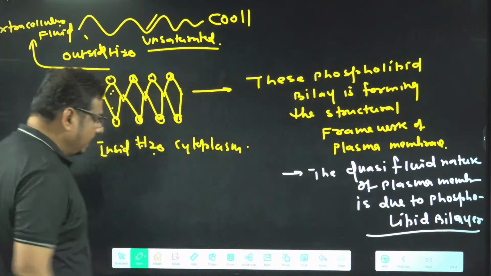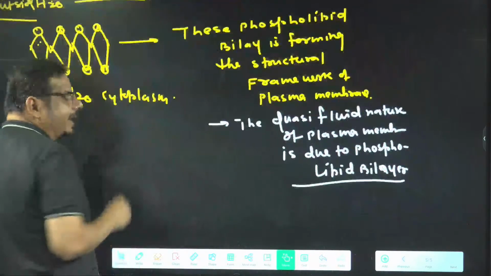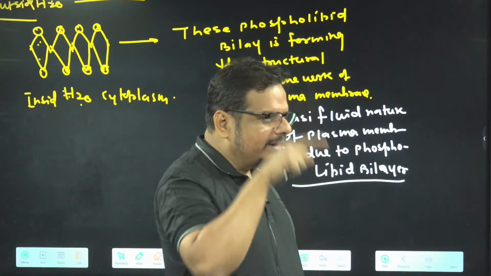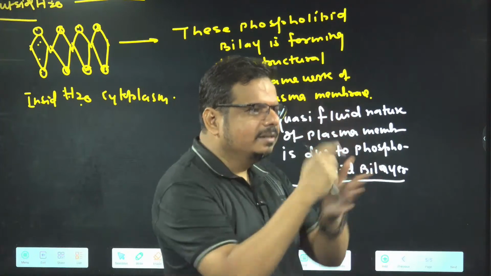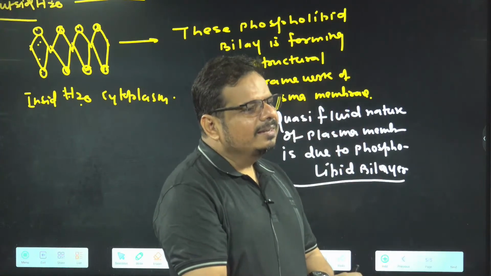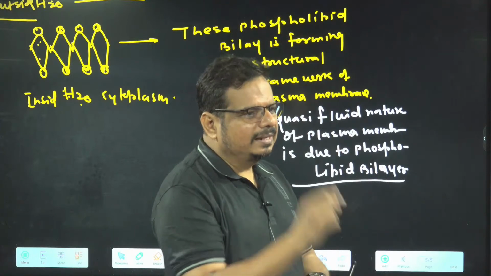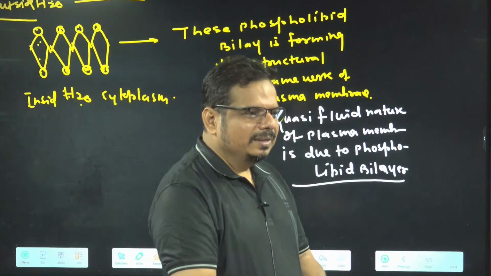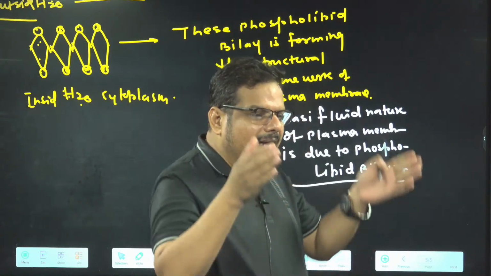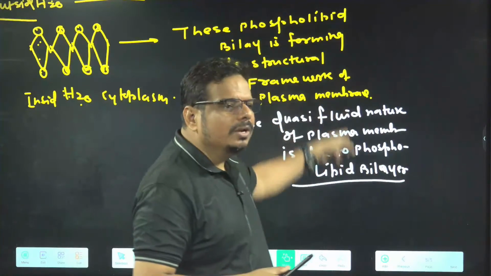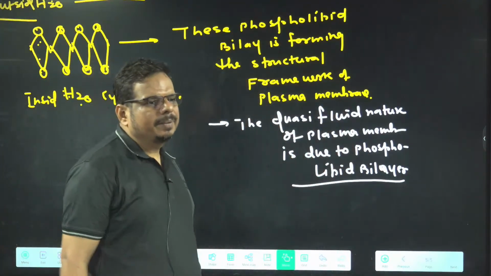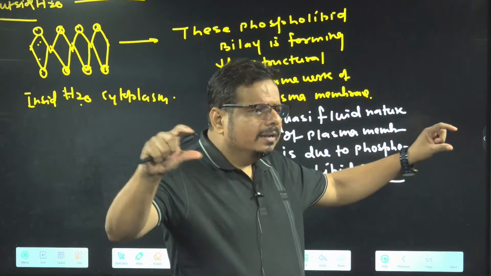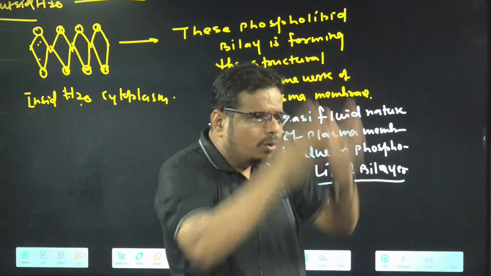Quasi-fluid nature. And that is the reason, dear children, for the line I was telling you: saturated and unsaturated fatty acids both are present. So what are unsaturated fatty acids basically? Liquid somehow. They are not solid. Saturated ones are solid. So the fluid nature of the lipid bilayer, the phospholipid bilayer, is like fluid, like honey, it is not a solid layer.